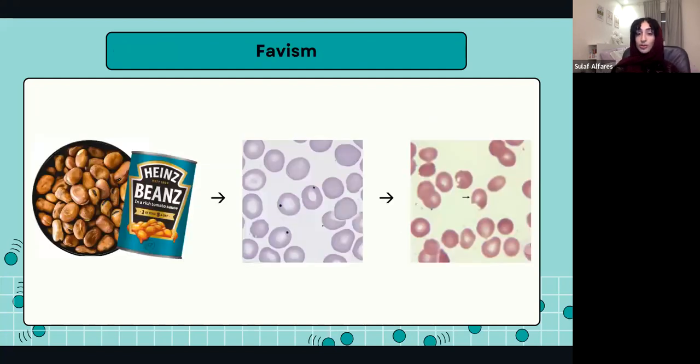Okay, so this is probably my favorite slide, and this is how I memorized it. It might be stupid, but on the left, you can see fava beans. And I don't know if you know this brand, Heinz beans, okay, but this is how I remember it. Basically, when you eat Heinz beans, you can see them inside the red blood cells. You see those Heinz bodies. Heinz bodies basically look like beans, okay? Or sort of, at least, you have to get creative when you're a med student.